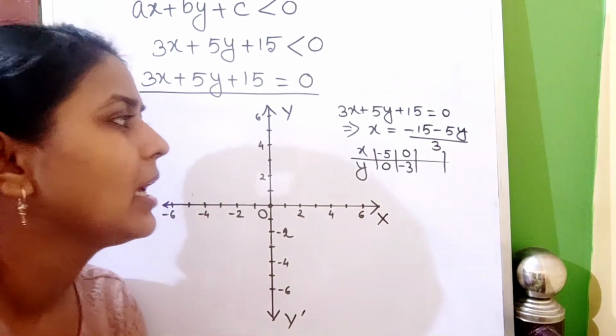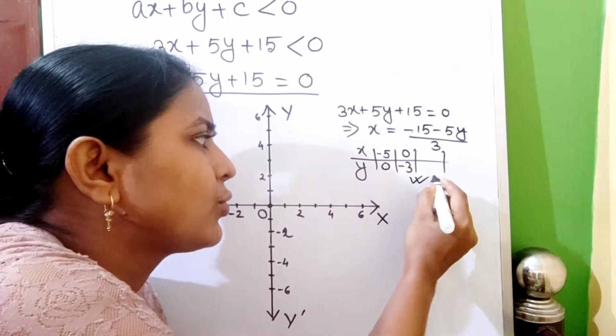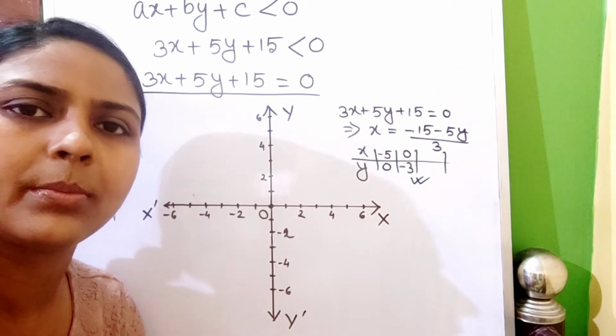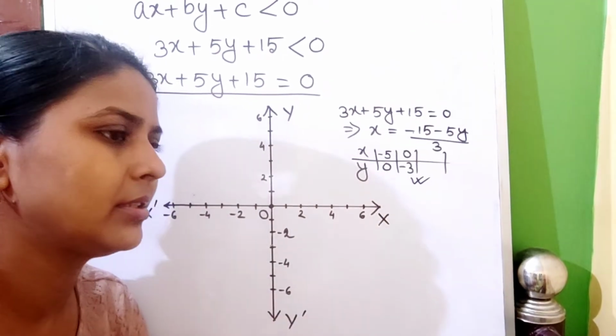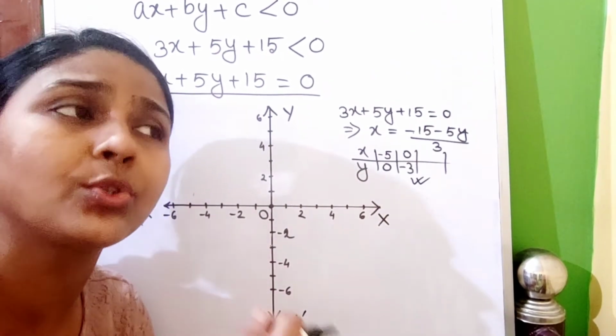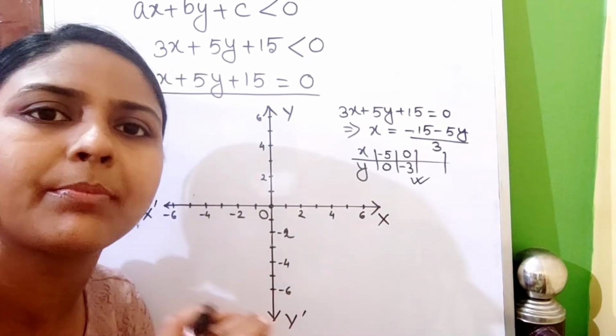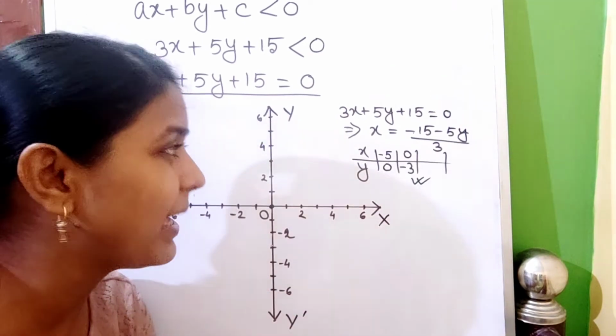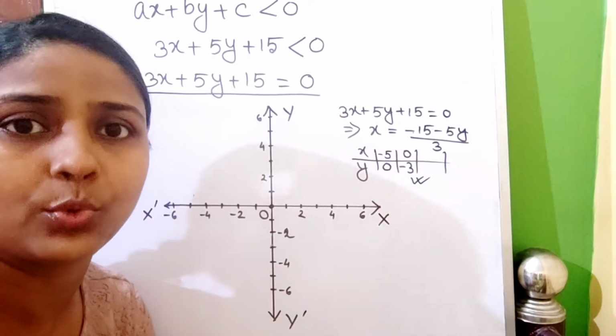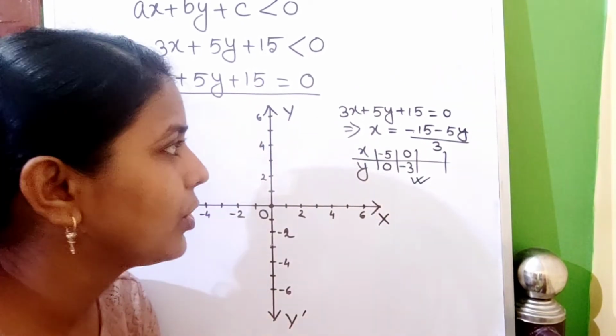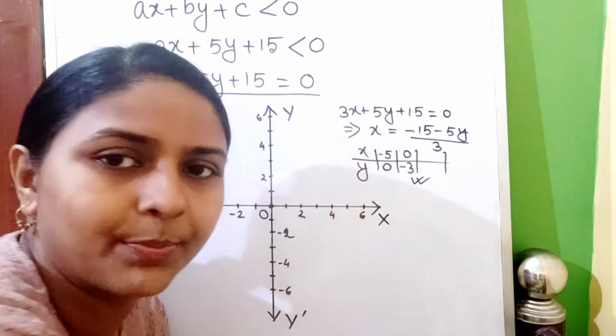We can go with 2 points for drawing the line. That will be enough to draw the line, but we need minimum 3 points to make our drawing accurate. So we will find out the third point.